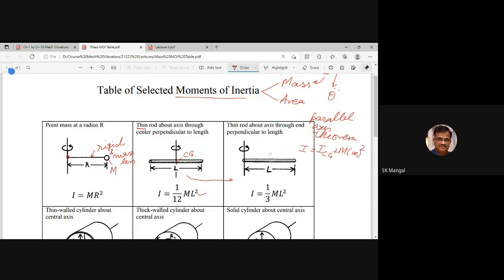So here it is basically nothing but L by 2. So when I add m L by 2 square, you get m l square by 4 plus this one, it becomes 1 by 3 m l square. And you know that mass moment of inertia is nothing but m k square, where k is the radius of gyration.